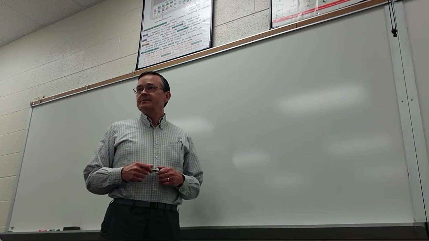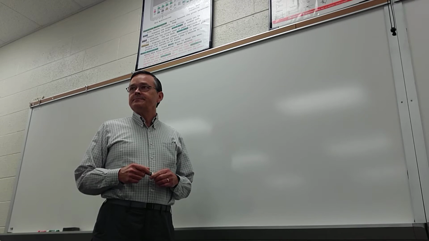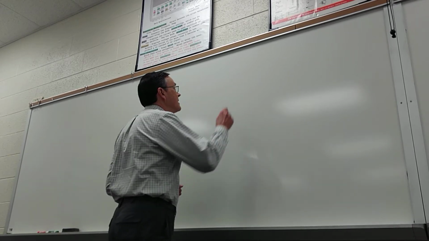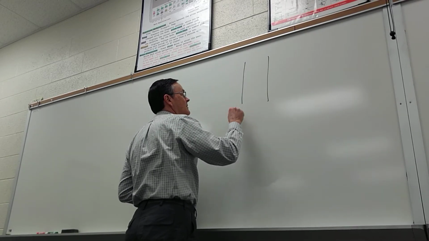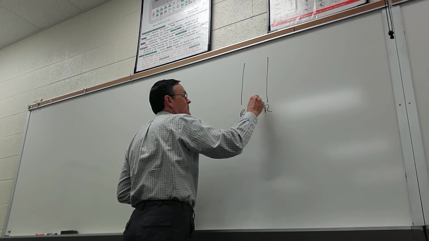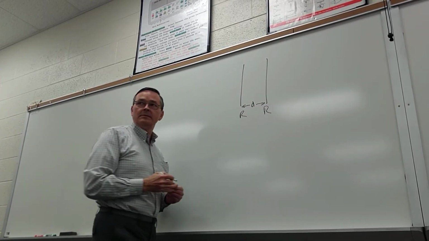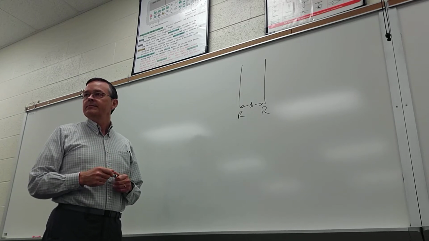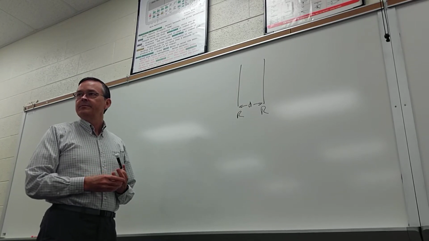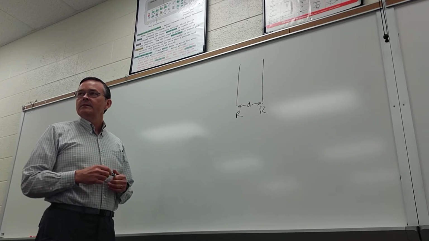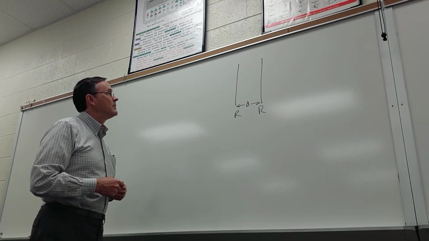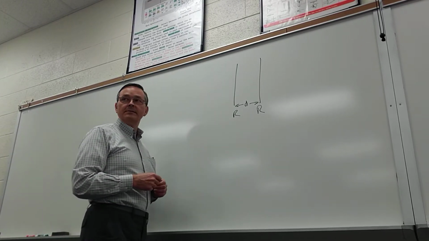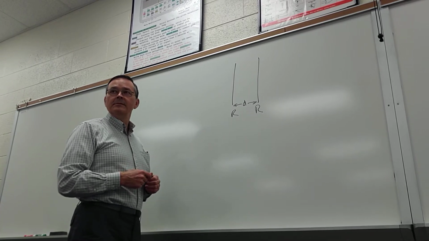Well, we have the structure, the two mirrors, the two R's. And one of the things we're getting stuck on is the phase difference between adjacent rays, which is 4 pi over lambda naught times n d cosine theta. We're not quite sure where to go from there.